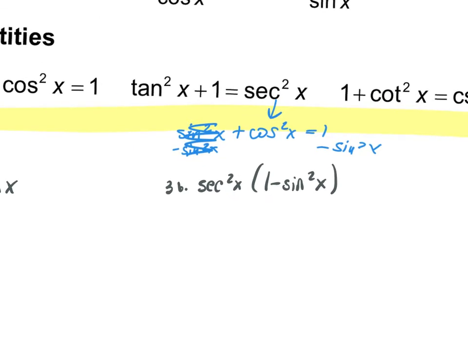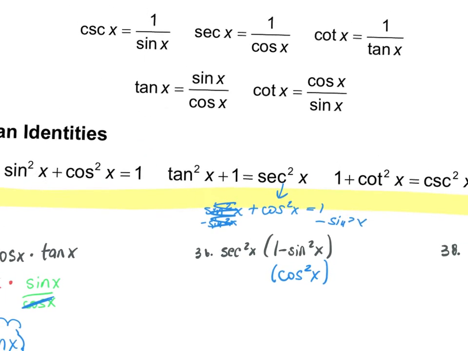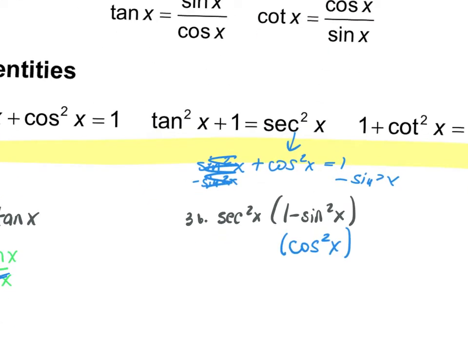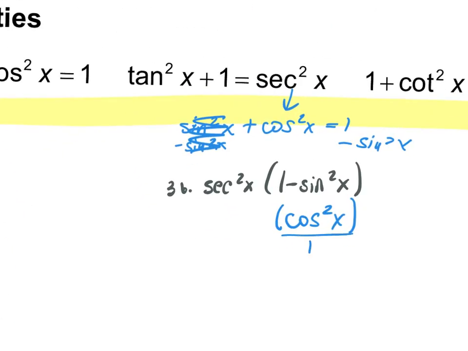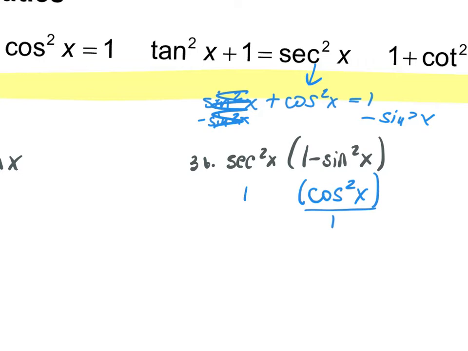So I'm going to replace 1 minus sine squared with cosine squared of x. Now look at our sheet. What is secant the same as? Good, 1 over cosine. So it's secant squared, so that means I'm going to put it as 1 over cosine squared of x. Questions? Anybody have any questions so far?